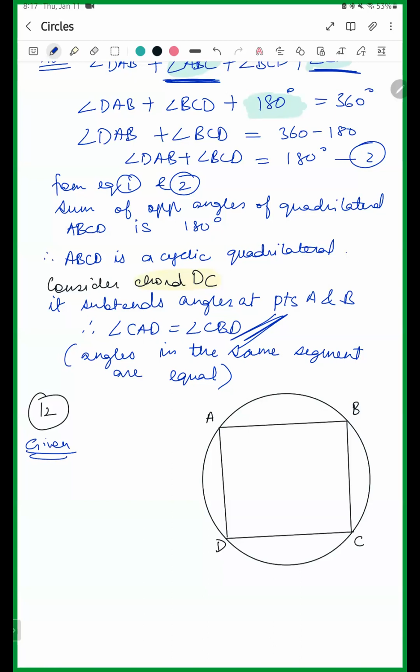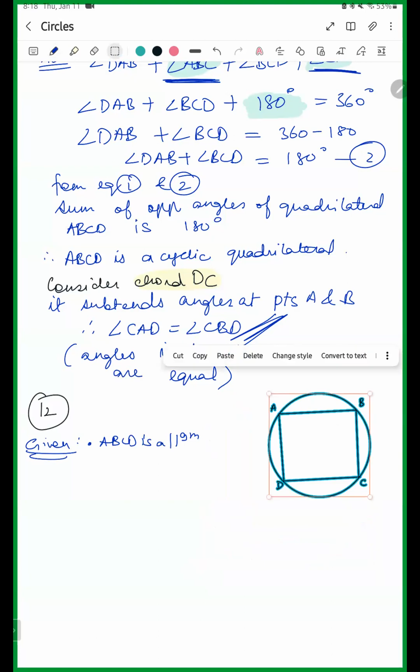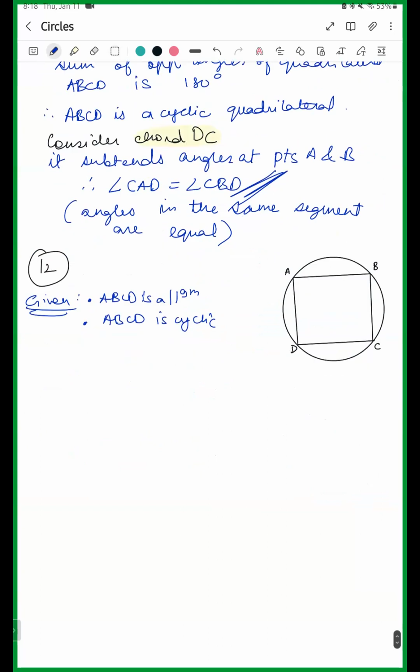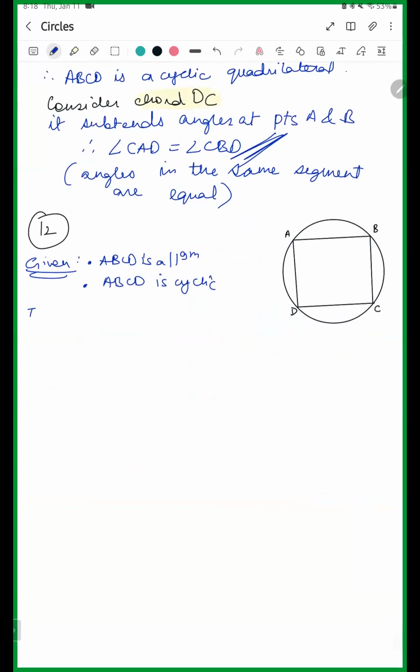It is given to us that number one, ABCD is a parallelogram. Because parallelogram means it has some special characteristics. And the second thing that is given is ABCD is cyclic. So cyclic has its other special characteristics. Okay. So now let's start with the solution. What do we have to show? To show that ABCD is a rectangle.